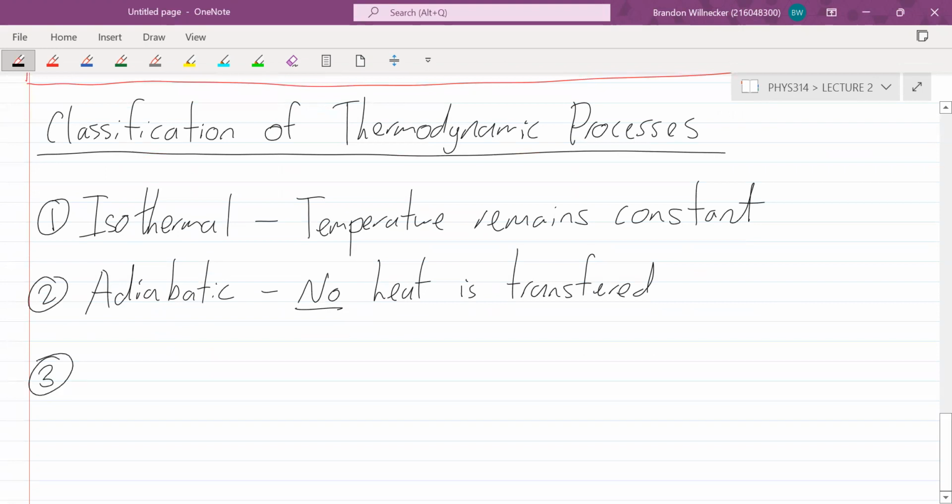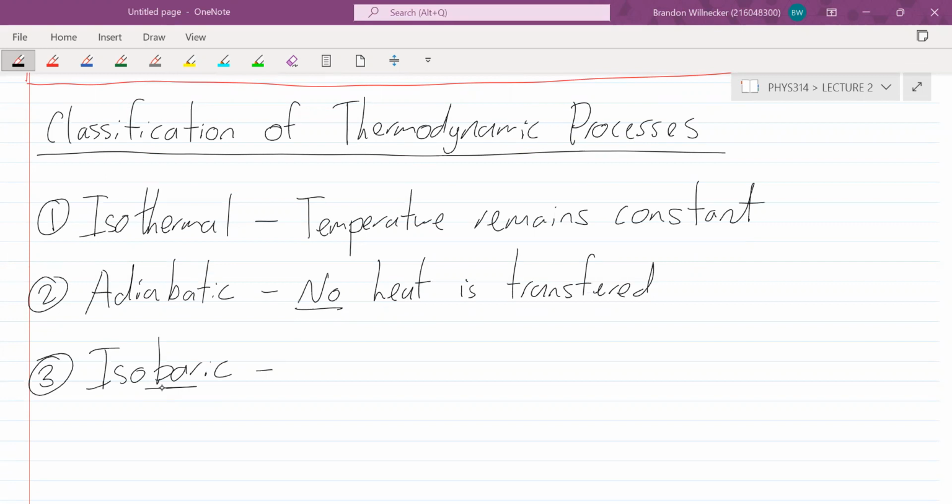Okay, number 3, isobaric. Okay, and then you see here it's got bar in it. That gives you the idea of pressure, right? You know, like your tires are filled to so many bars of pressure.